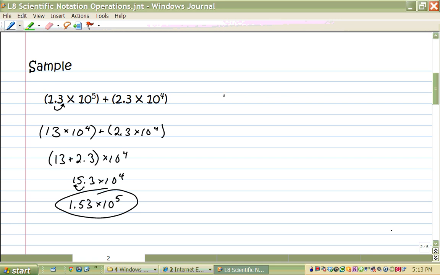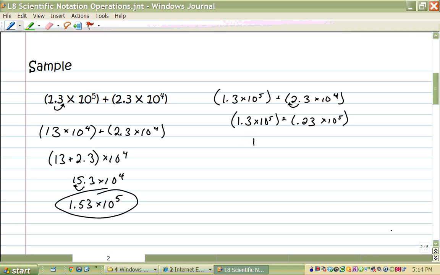Now, if I took the same problem, 1.3 times 10 to the fifth plus 2.3 times 10 to the fourth, rather than taking the 10 to the fifth and decreasing it, I'm going to take 10 to the fourth and increase it. To do that, I'm going to move the decimal 1 place to the left. So then what I have is 1.3 times 10 to the fifth plus 0.23 times 10 to the fifth.